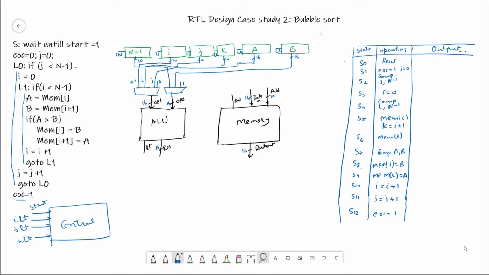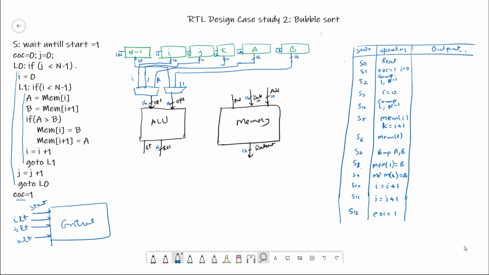N minus 1 is not there as a first operand, so that can be removed. We will correct it again. So basically this is I, this is j, and this is A.